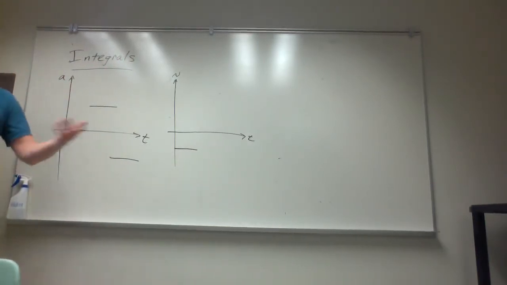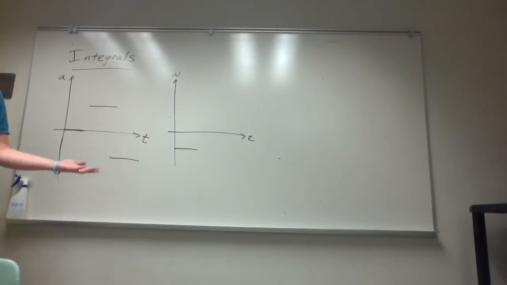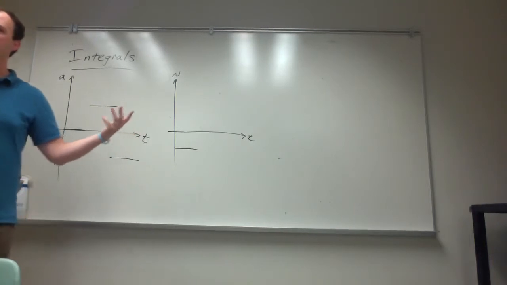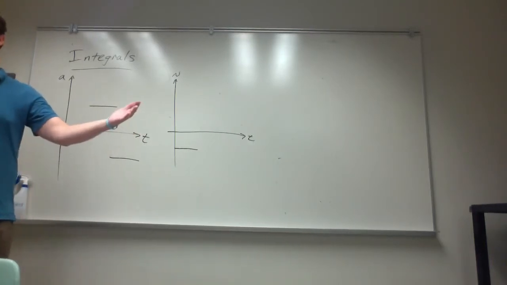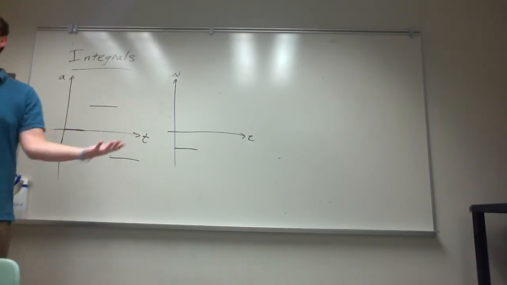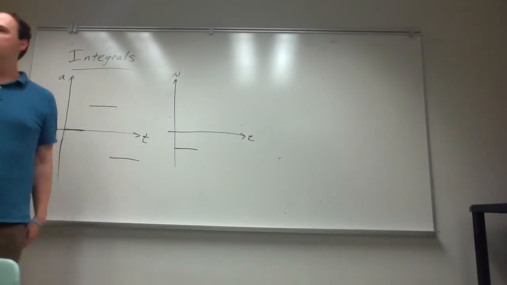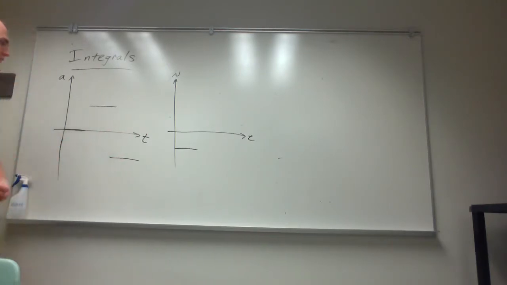Now in a problem, that's very important information. If I want to say how far does a train go after accelerating for this amount, you have to be told how fast it's moving before that time starts. So when we integrate that, we just get a constant.